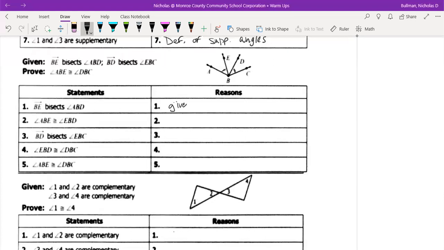Okay, that is given to us. And we know that if BE bisects angle ABD, then these angles have to be congruent to each other. Which is exactly what this next one states. Angle ABE is congruent to angle EBD. Well, that is our definition of angle bisectors.